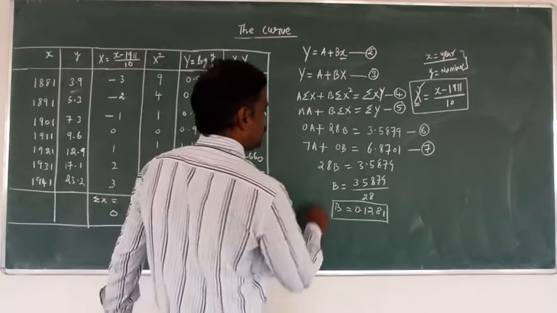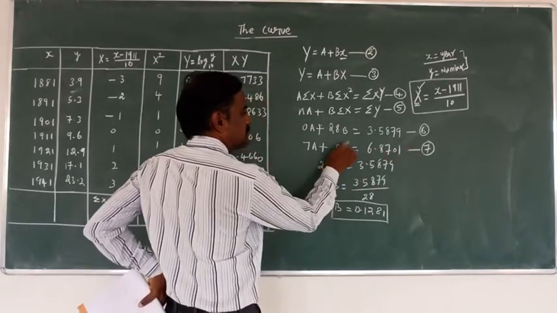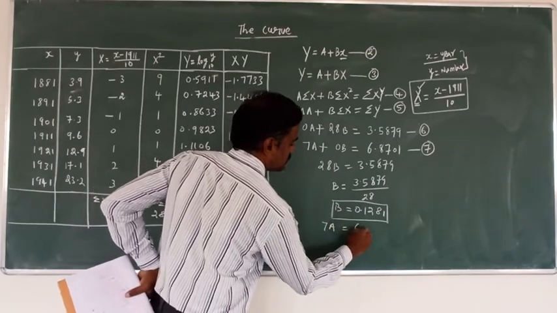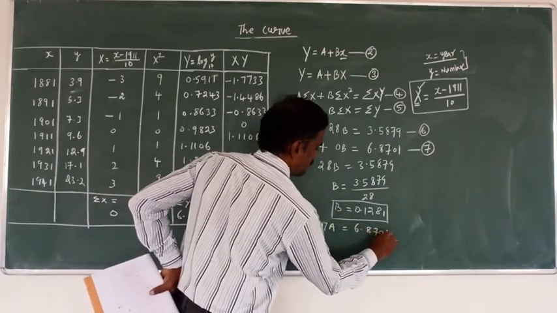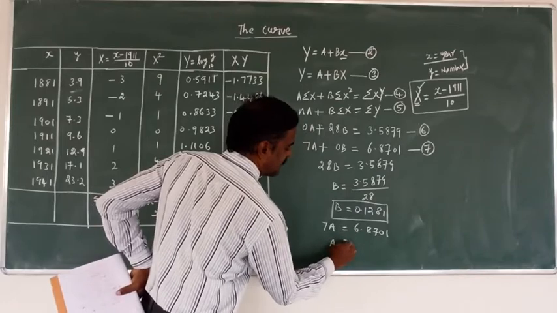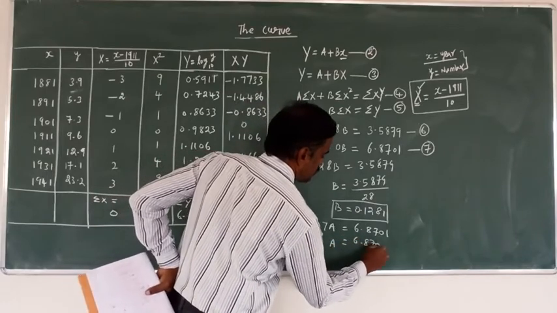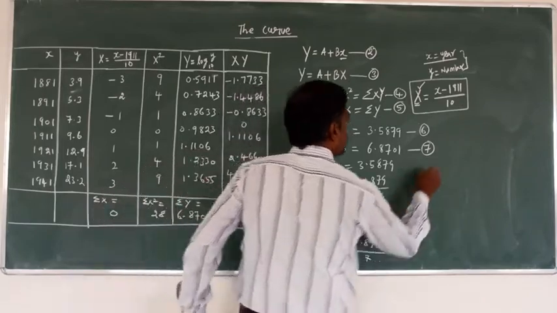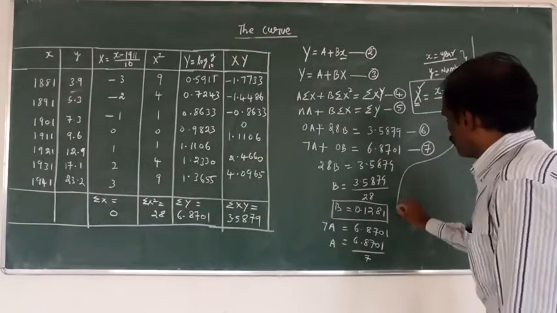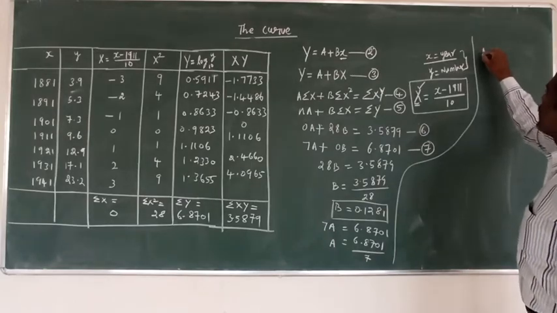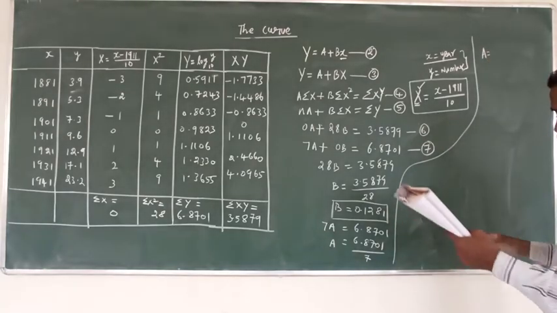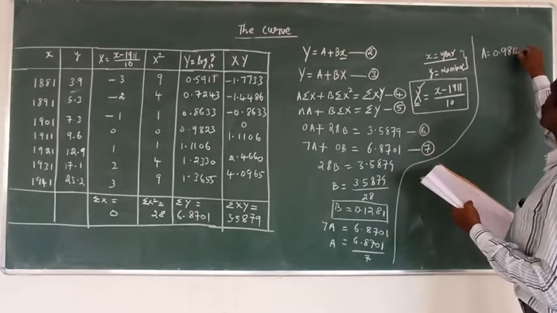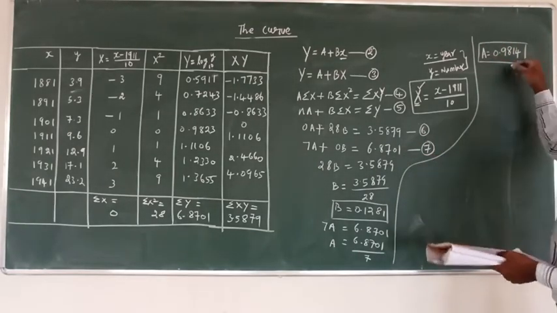And then equation 7, this is for 0. Now finally 7a equal to 6.8701. A required: 6.8701 divided by 7. Now to divide these two, we can get the a value 0.9814. This is for capital A.